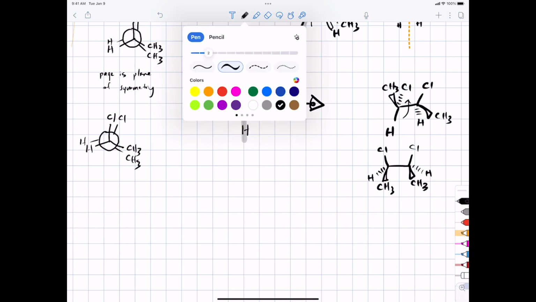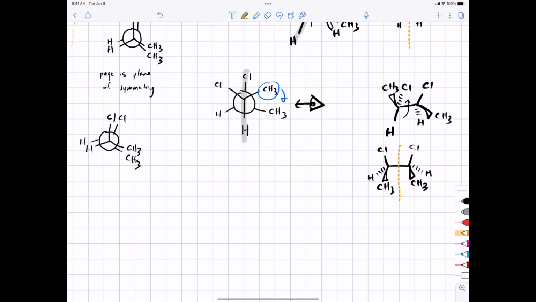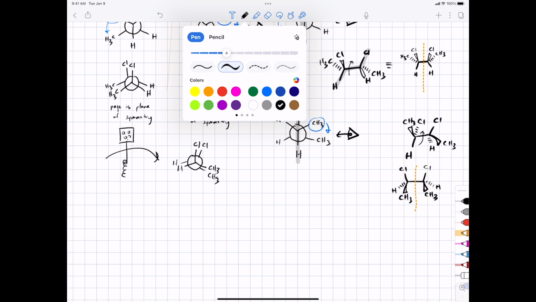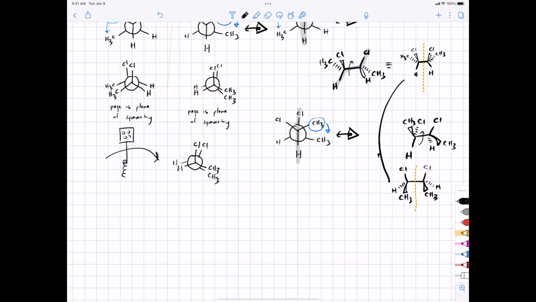And again, you can see that this is symmetric too, and these are the same molecule here and here, right? Oh, shoot, we're using the orange dotted line for a specific purpose, so. Okay, questions about that?